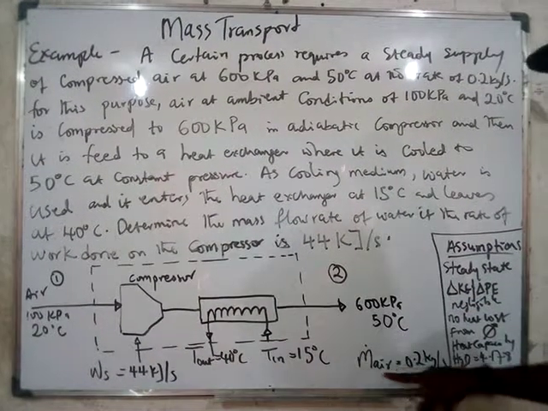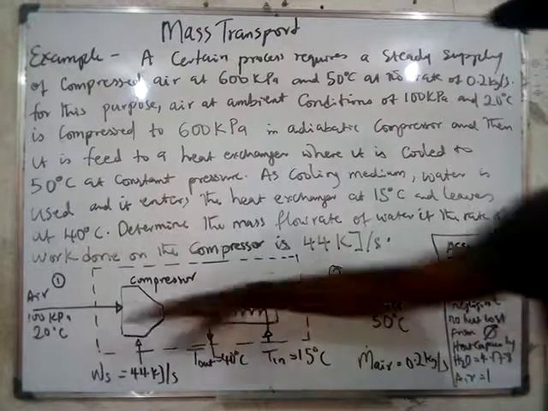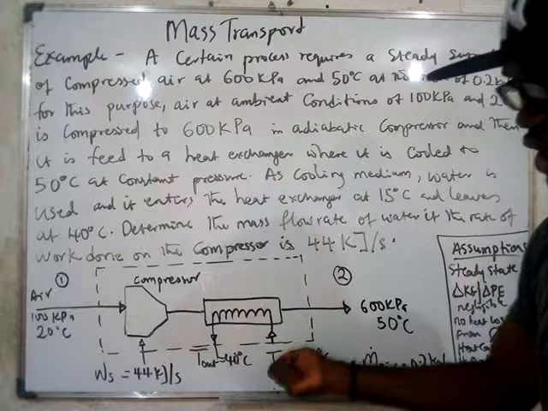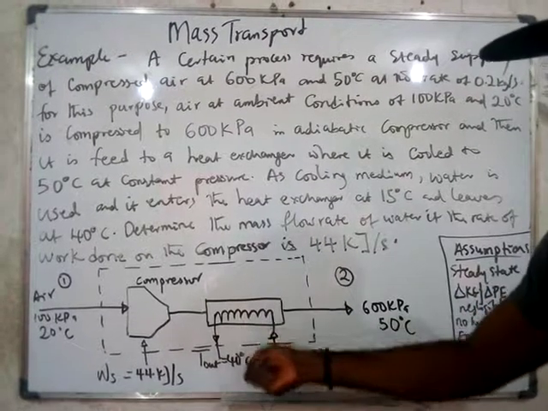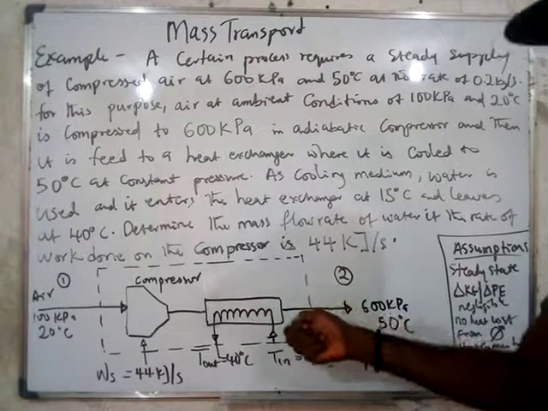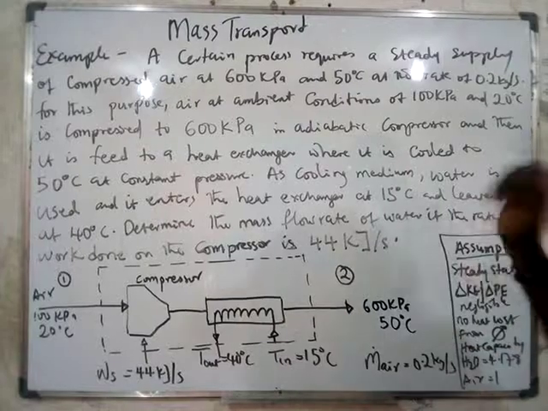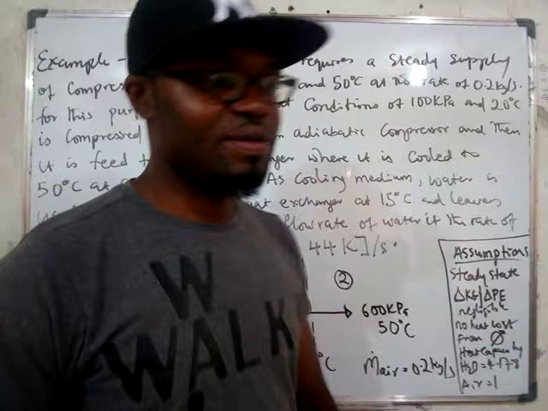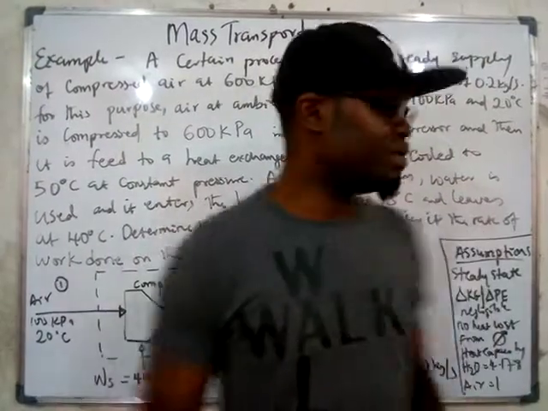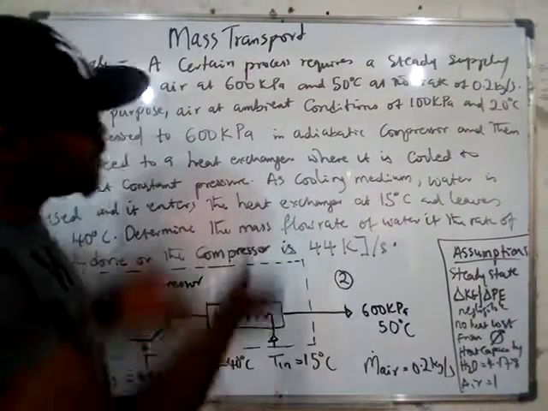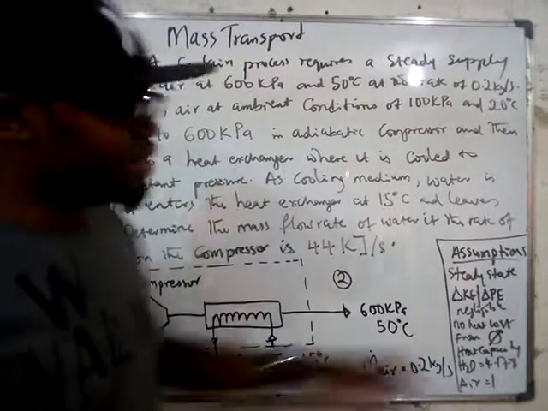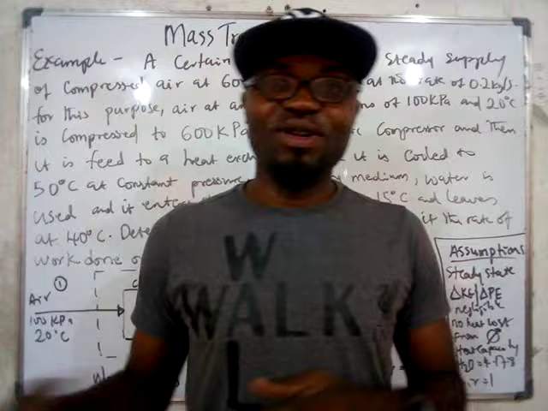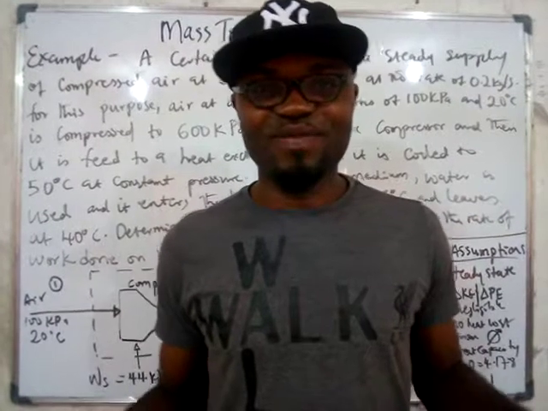This is the mass flow rate of air coming out after it has been compressed. What is the mass flow rate of water needed to do the temperature change that we want in order to have what we need for the process? So in a subsequent class, I'm going to be having this solution. Please take note of how we arrived from this to this. Basically, what we are going to be doing here is conservation of mass and energy.